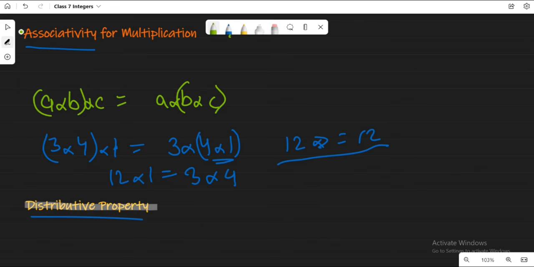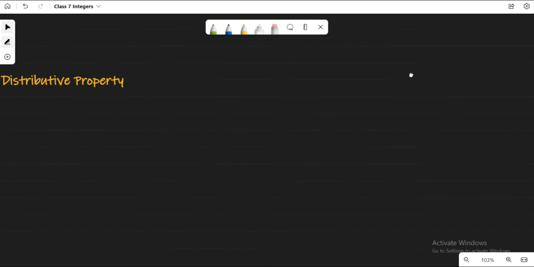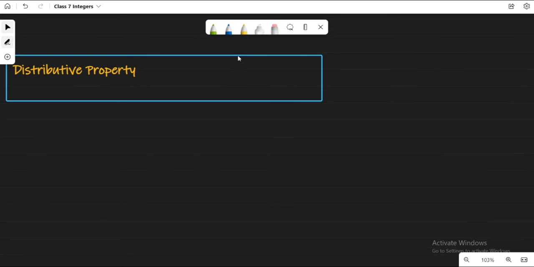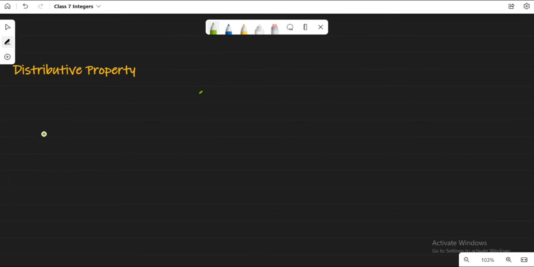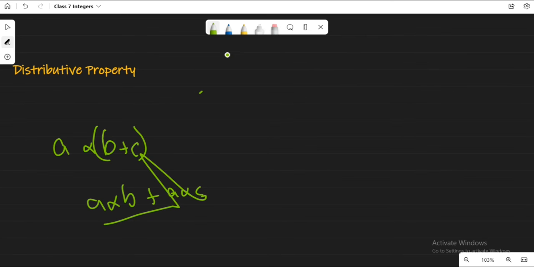Yes, now distributive property means that when we multiply a into (b plus c) in brackets, we can also write it as a into b plus a into c. Don't believe? Let's try it out.